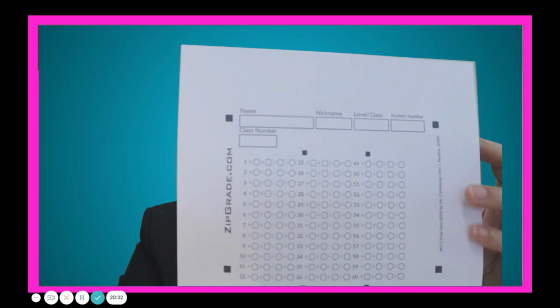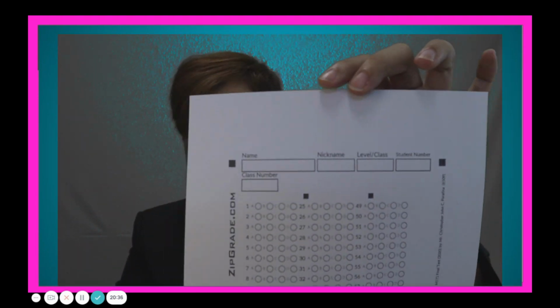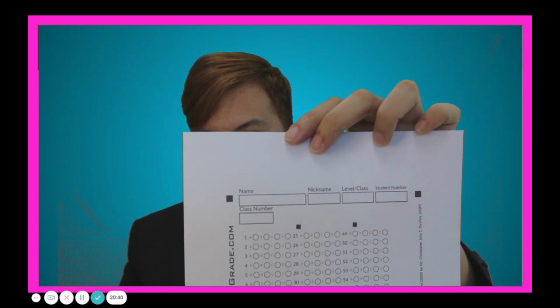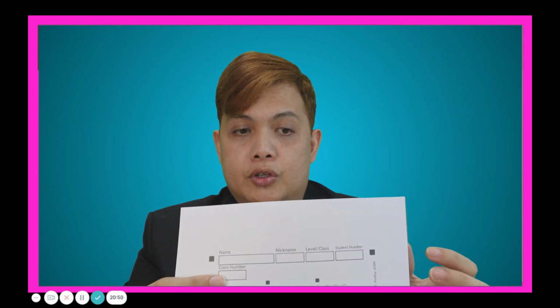So now, before you go guys, let's talk about your answer sheet in your test. You guys are all familiar with this, correct? So please fill this up with the most appropriate information that I ask you about. Your student number is usually the 4-digit number, and your class number is different from your student number.